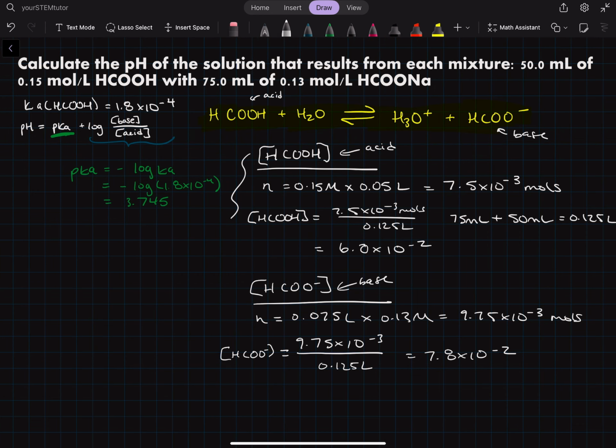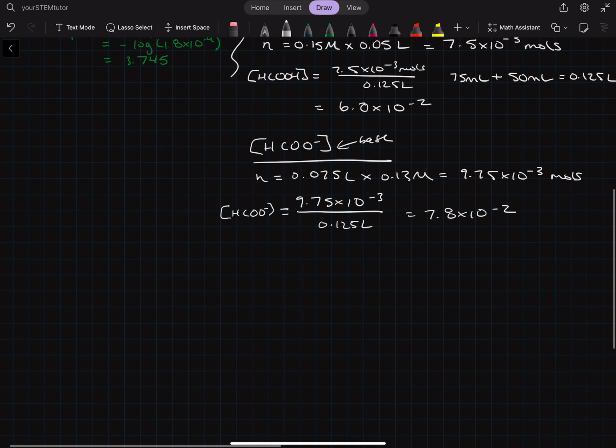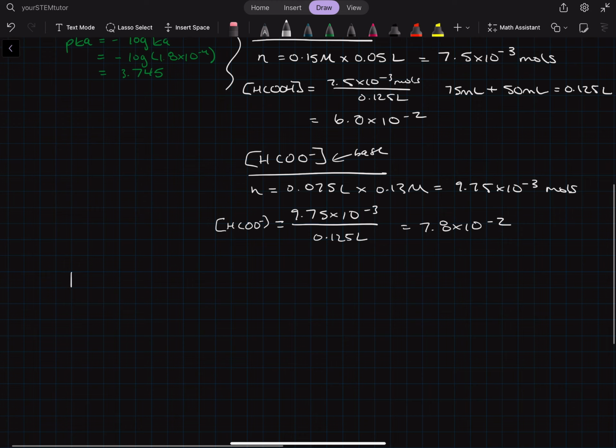And then we have our pKa, so now we can put it all together to find our pH. I'll start down here with our values. So pH is equal to the pKa plus the log of the concentration of our base over the concentration of our acid.